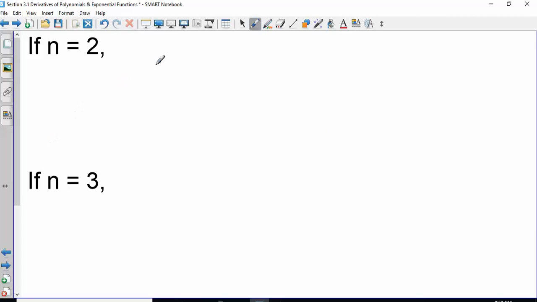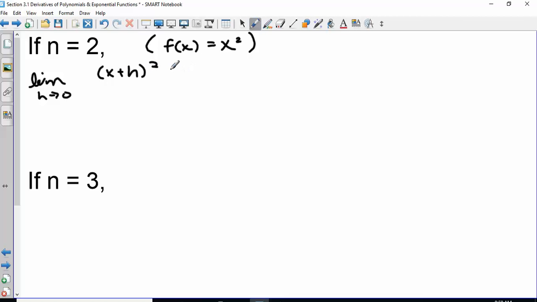So let's take a look at the case when n equals 2. So that's like saying f of x is x squared. If we work that out, the limit as h approaches 0 of f of x plus h, so that would be x plus h squared, minus f of x, so that would be x squared, over h.